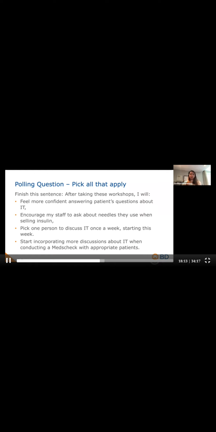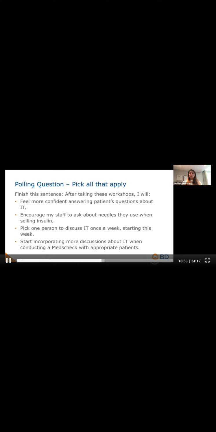We've talked about needle reuse, needle length and needle design, injection force, lipos, site rotation, and numerous other techniques that are important to engage our patients with. But how do you feel now with all this information given to you from your workshop about it?